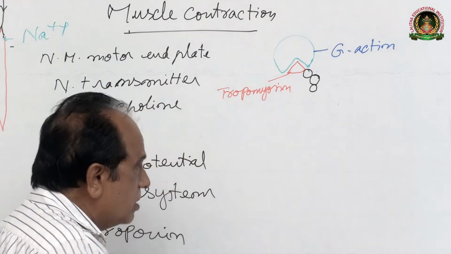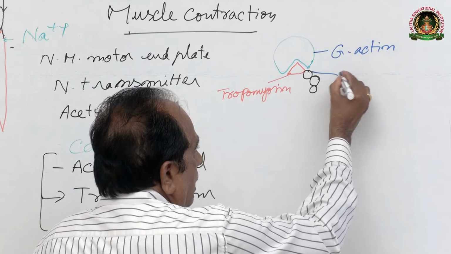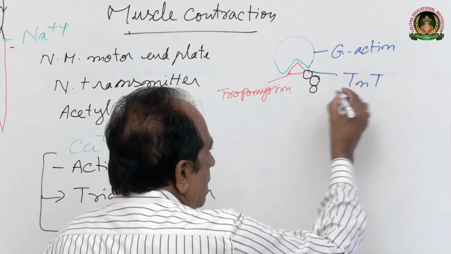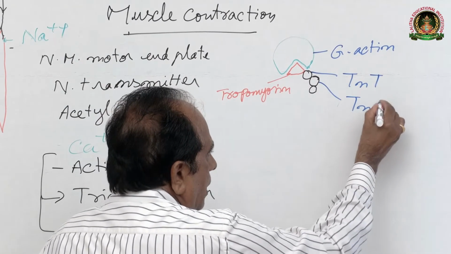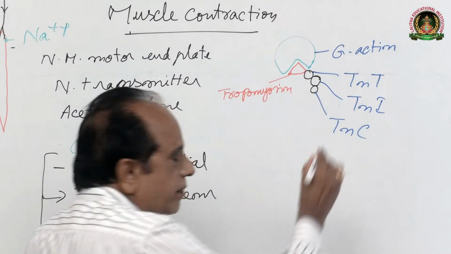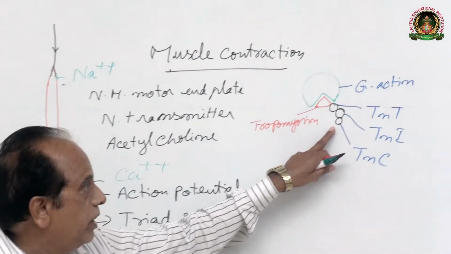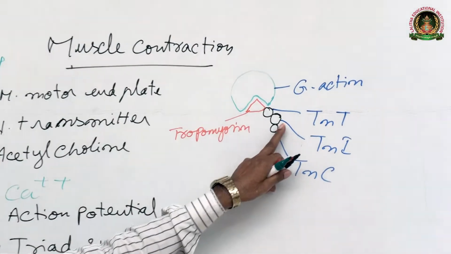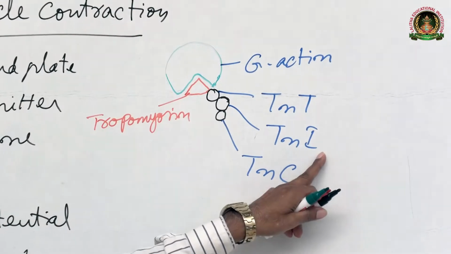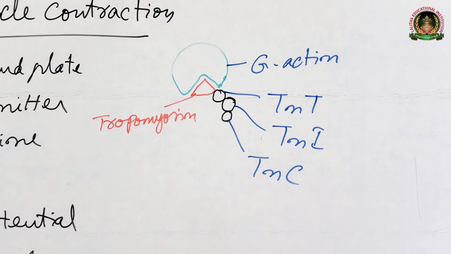The troponin is differentiated into TNT, TNI and TNC: the calcium binding subunit of troponin, the inhibitory subunit of troponin, and the tropomyosin binding subunit of troponin.